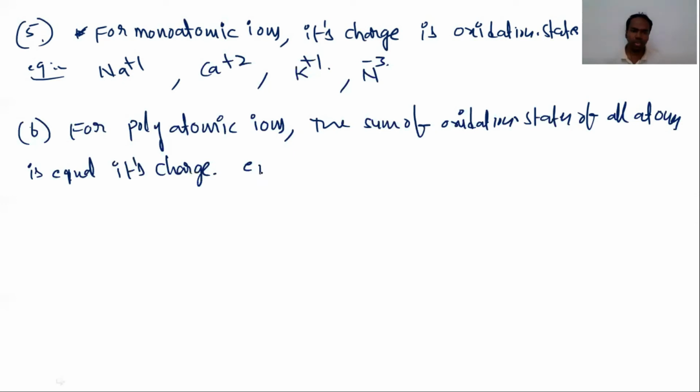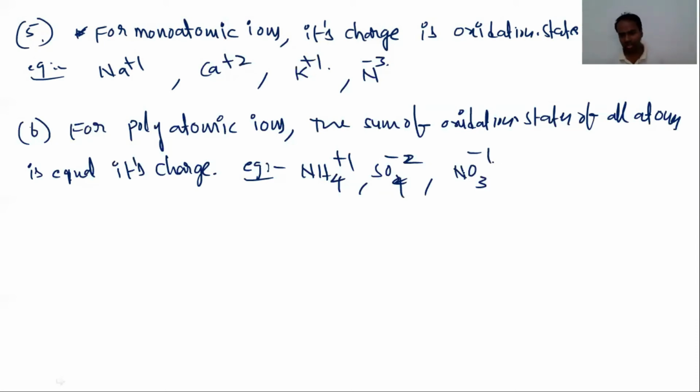For example, NH4+, SO4 2-, NO3-. Here, the sum of oxidation states of one nitrogen and three oxygens is equal to -1. Here -2, here +1. This is for polyatomic ions, because these cations or anions are formed by more than one atom. This is the rule. Now come to the seventh rule.